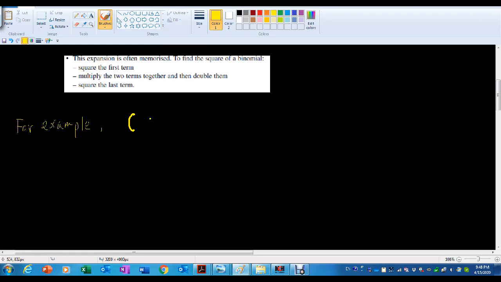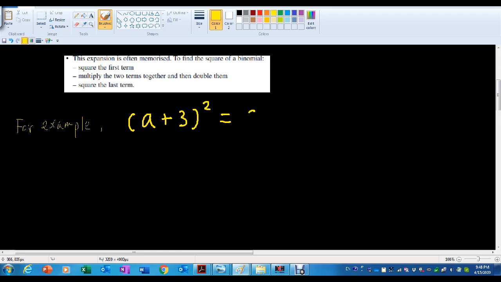This time let's say we have (a plus 3) squared. If we use the above 3 steps, what are we going to do?